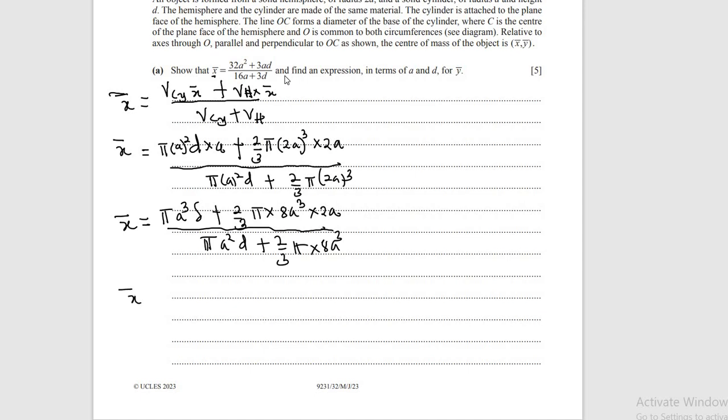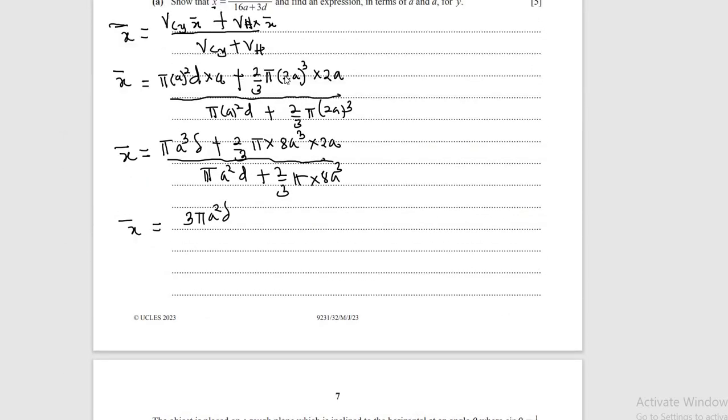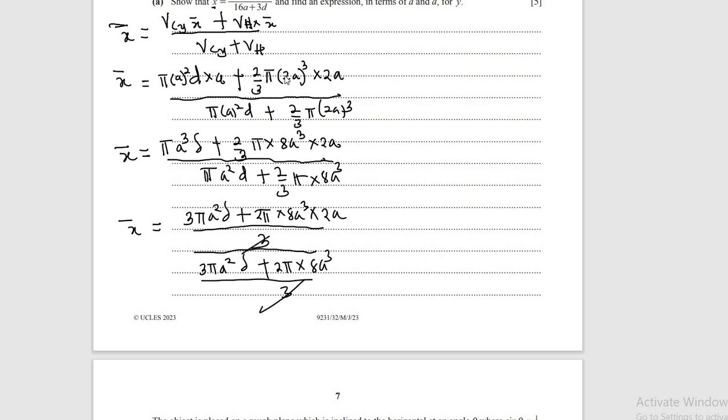From the top we can have 3 pi a squared d plus 2 pi times 8a cubed times 2a over 3. All over the bottom, we can have 3 pi a squared d plus 2 pi times 8a cubed over 3. So the 3 cancels the 3.